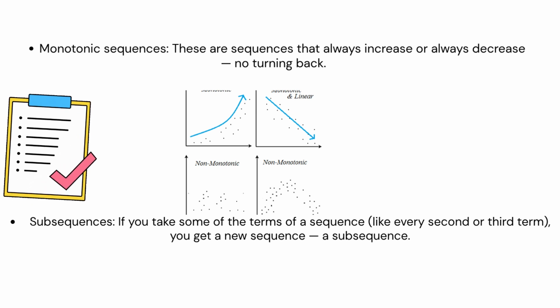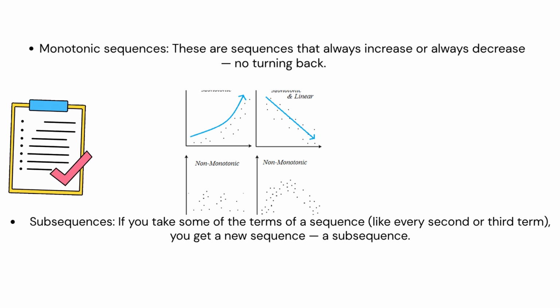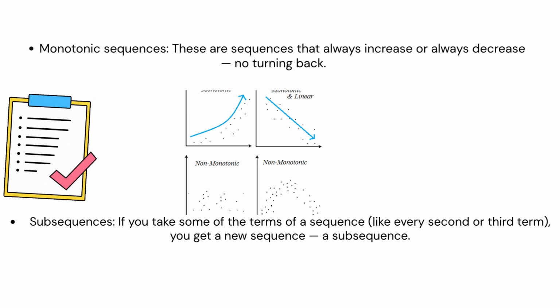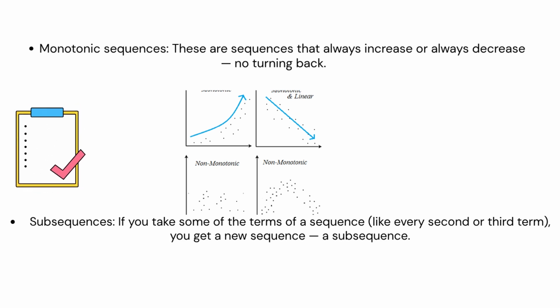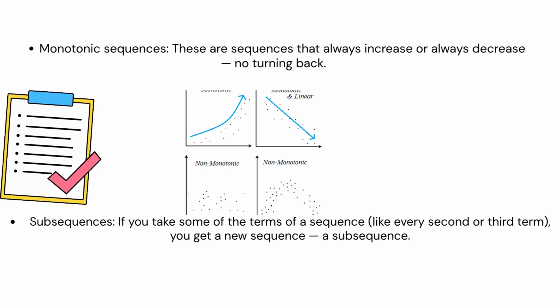Monotonic sequences. These are sequences that always increase or always decrease. No turning back. Subsequences. If you take some of the terms of a sequence, like every second or third term, you get a new sequence, a subsequence.